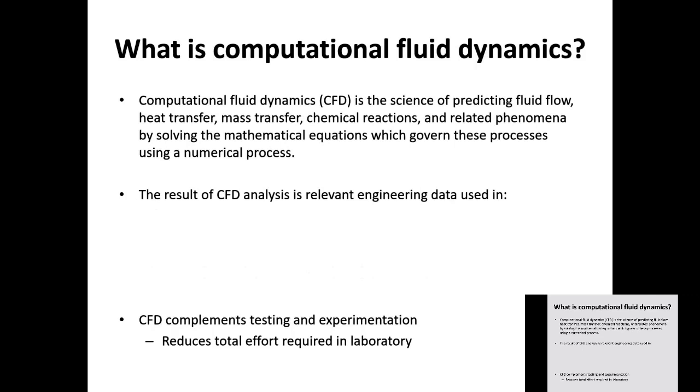So in a computational fluid dynamics model, you will look at the fluid flow. For example, the air inside this room can be modeled using computational fluid dynamics. And initially, you will look at the flow. And then you will also look at the heat transfer.